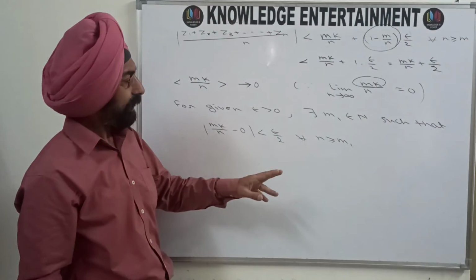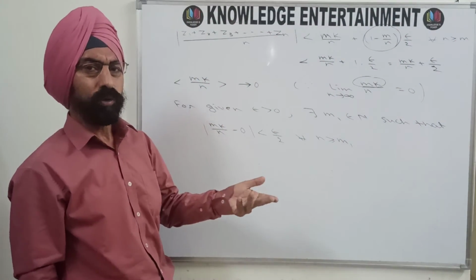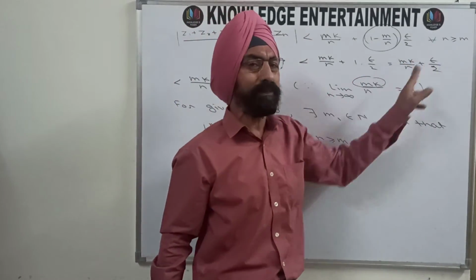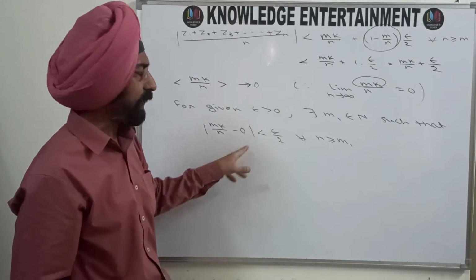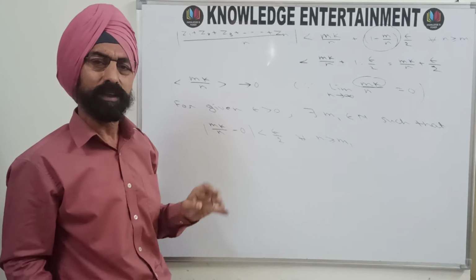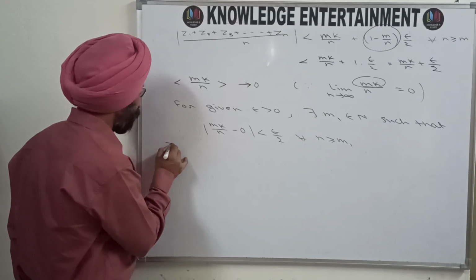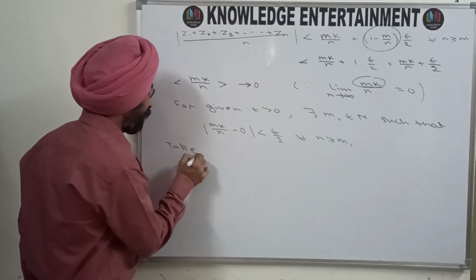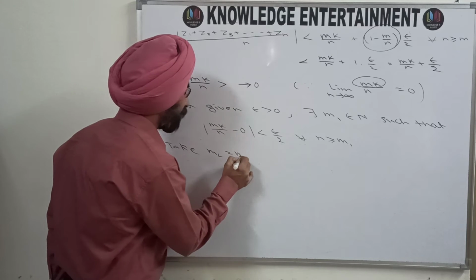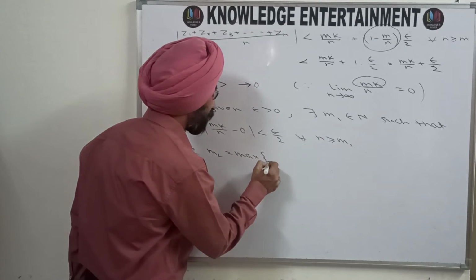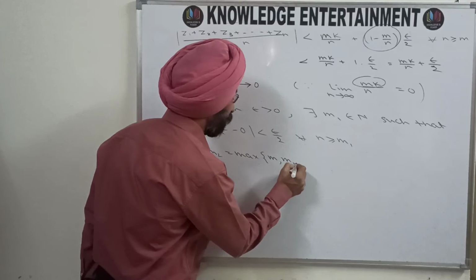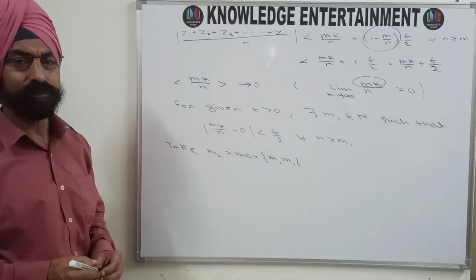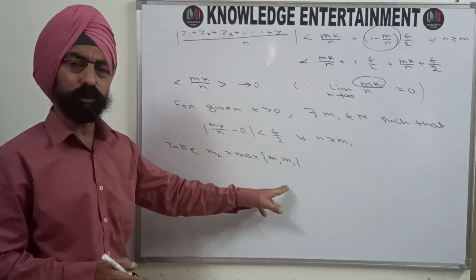So if you take some m2, which is maximum of these two, m and m1, then both these inequalities will be true. So take m2 to be maximum of m and m1. What will happen if m2 is maximum of these two?